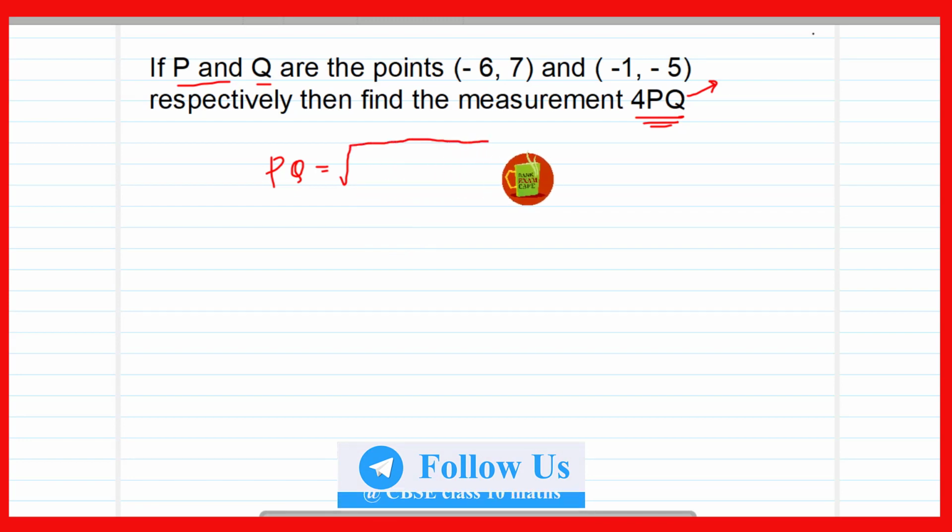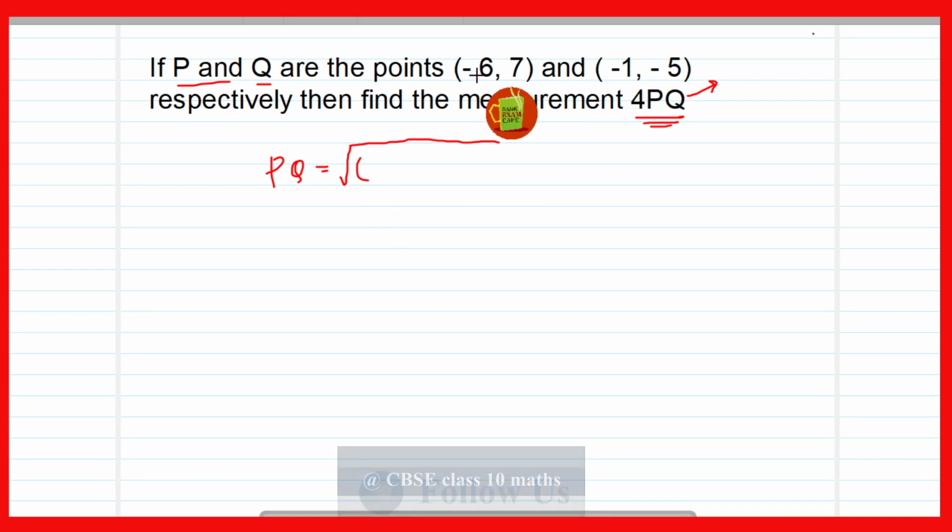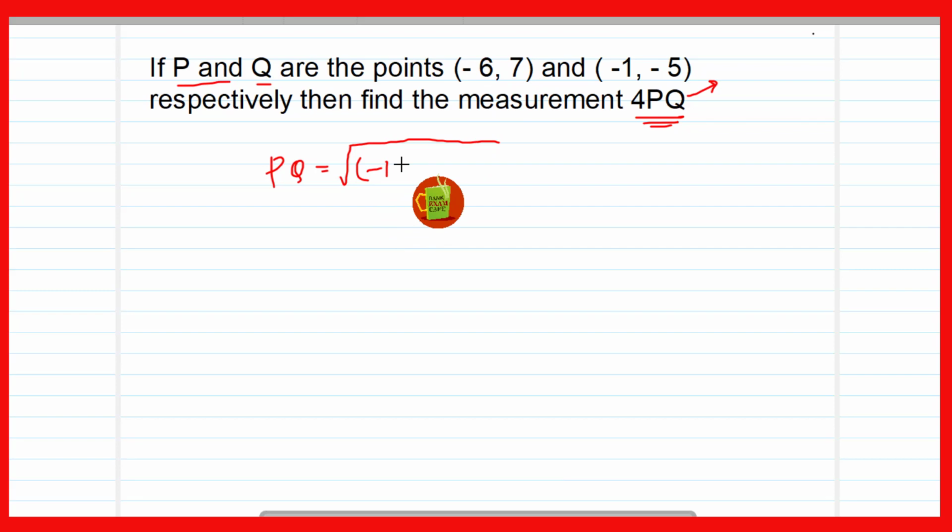PQ is equal to the square root of (x2 minus x1) squared plus (y2 minus y1) squared. So it is -1 minus -6, that will be -1 plus 6, squared, plus -5 minus 7, that is -12, squared. This is the square root of 5 squared, that is 25, plus 12 squared, that is 144.